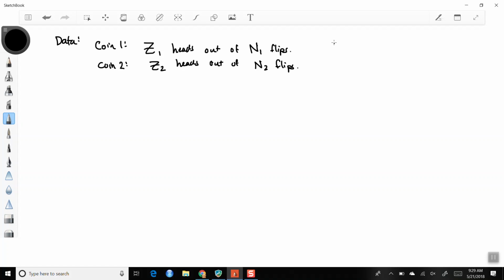Where Z1 is equal to the sum from i equals 1 to N1 of Y1 sub i, where Y1 sub i comes from a Bernoulli with parameter theta 1.